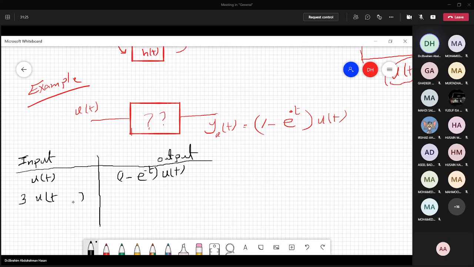The difference between the new input and the old one is that we scale the input by 3, which means the output is scaled with the same number. So the output will be 3 multiplied by 1 minus e to the power of minus t, multiplied by u of t.